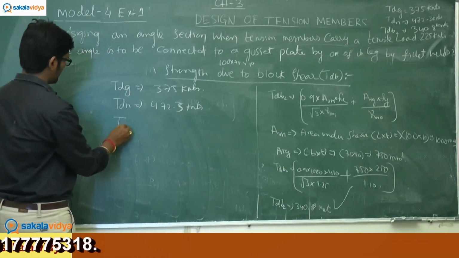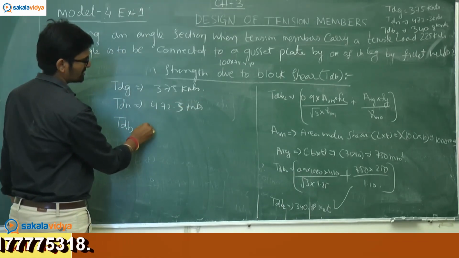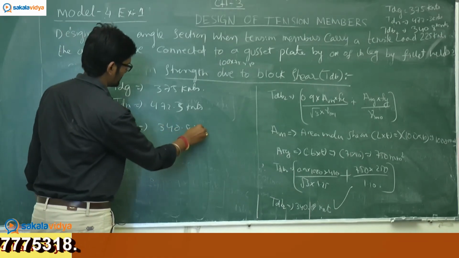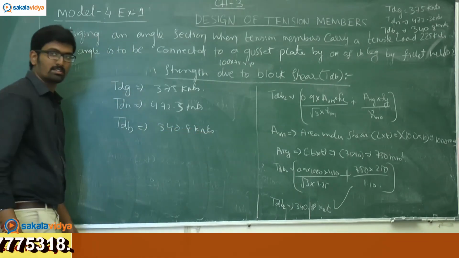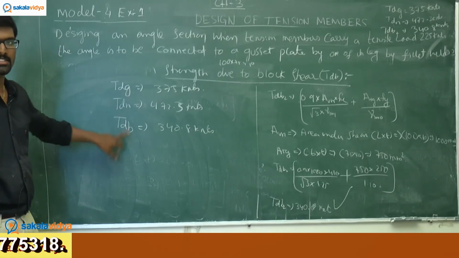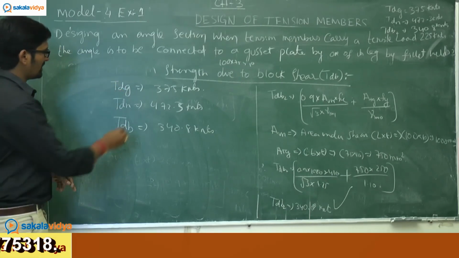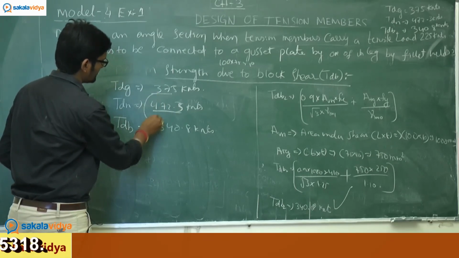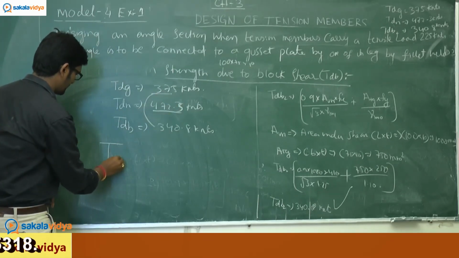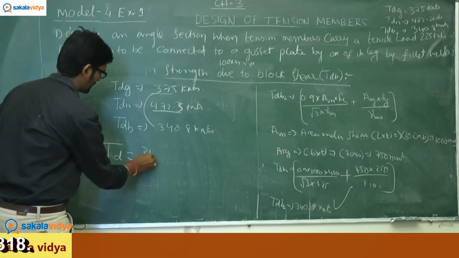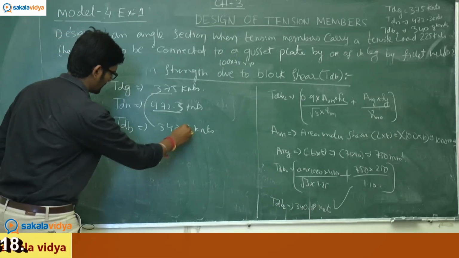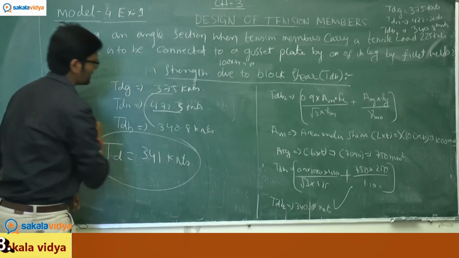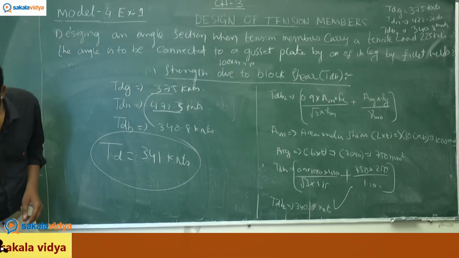The last one, the design strength due to block shear, that is how much? 340.8 kilonewtons. Whichever is least among them will be the design strength of the given plate. So 347 is less than 472, but 340 is less than 375. So the design strength TD is equal to 341. That is 340.8, approximately 341 kilonewtons is the design tensile strength of our plate. Is it clear?